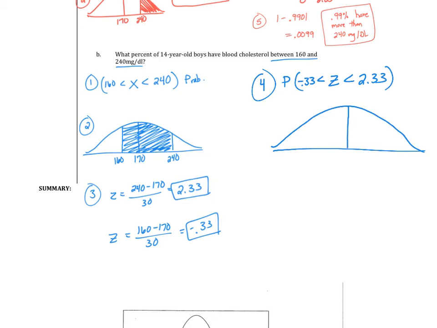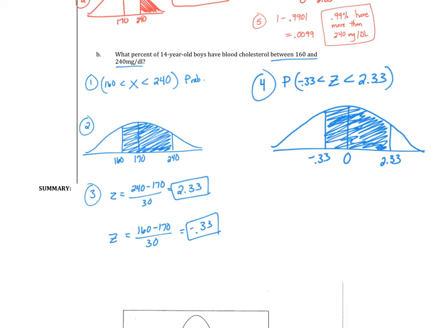And for the z-score, 0 goes in the middle. 2.33 and negative 0.33 are the other two numbers. We're shading in between there. So what is the probability that it's between 2.33 and negative 0.33? So what we have to do is look up those two numbers.